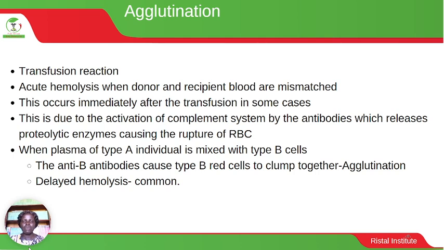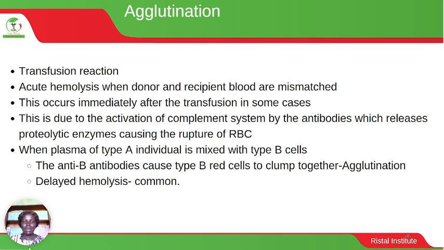In the complement system, the antibodies and the antigens clump together or agglutinate, and as a result proteolytic enzymes are released. The proteolytic enzymes will come and attack the particle that has been formed because of the agglutination, and they end up rupturing the red blood cells in them.